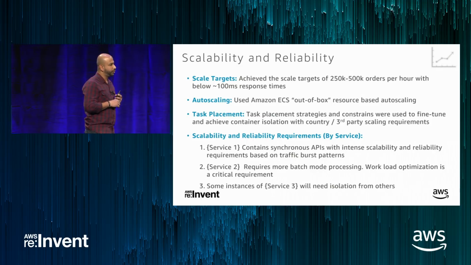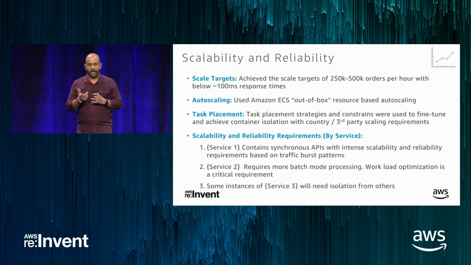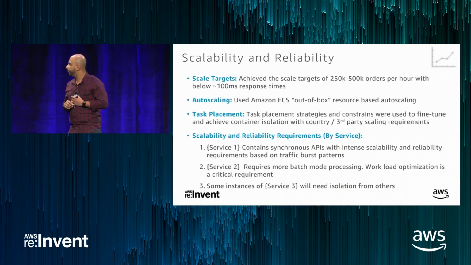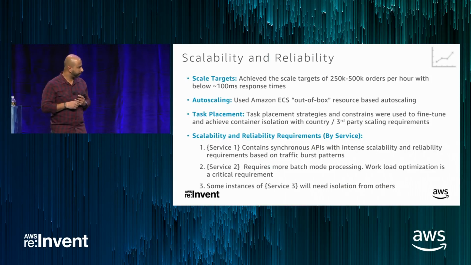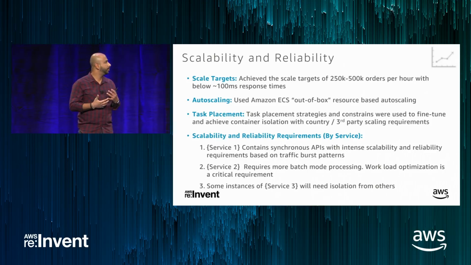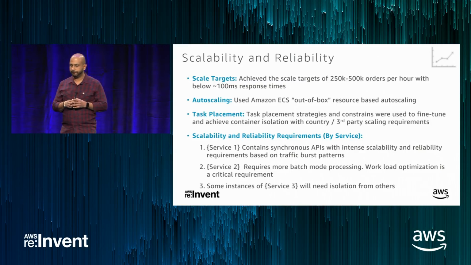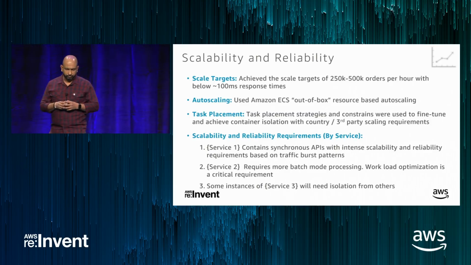I want to show how we use the task placement strategies and constraints. I have given 3 examples here, 3 services, and these 3 services have different requirements in terms of scalability and reliability. The first service requires high availability and reliability.